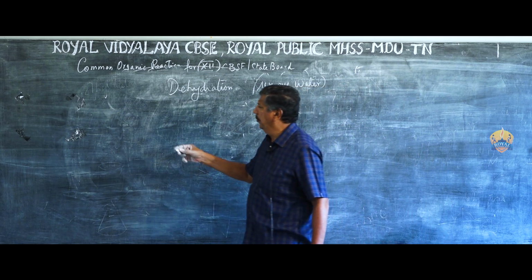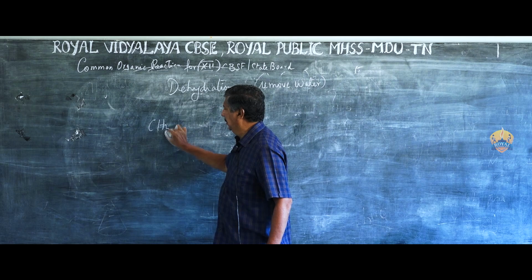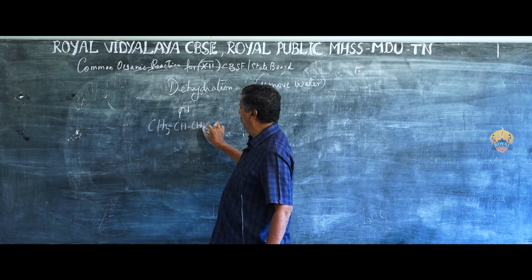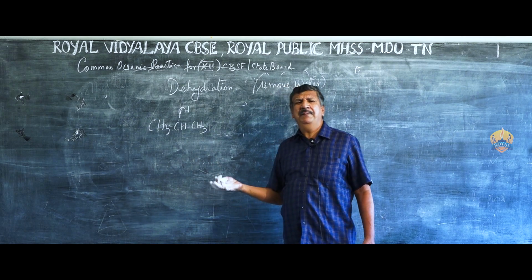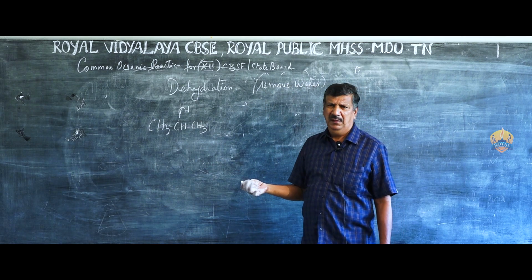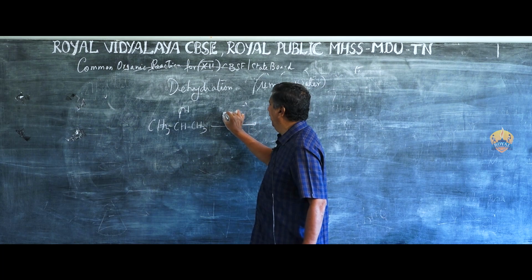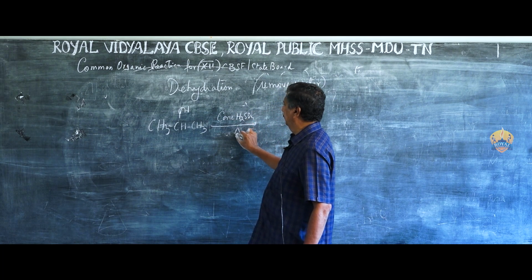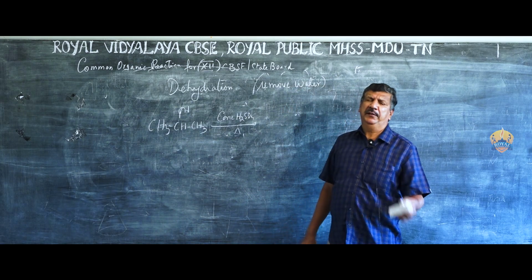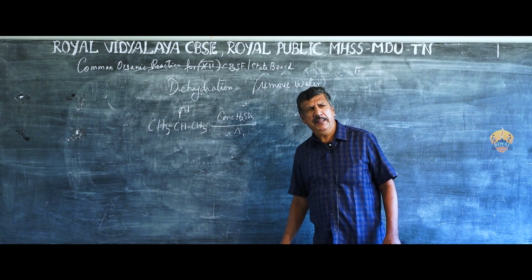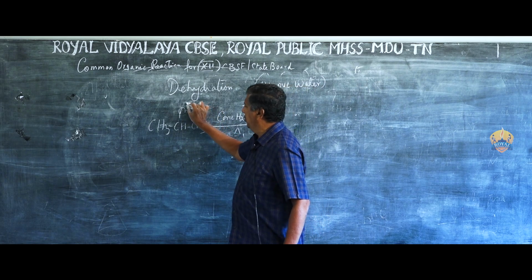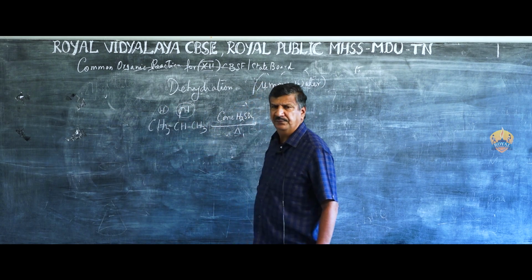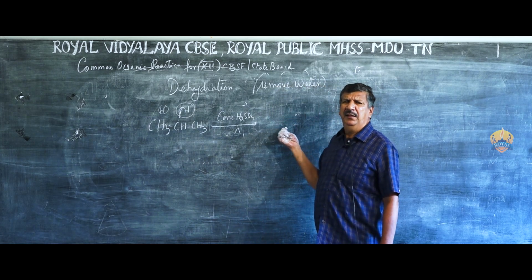So I am writing one compound as a sample, though they may give any other compound. When treated with concentrated sulfuric acid, we have to remove the water. How will you remove the water? Like this, this OH and this H. That's all. How will you write the product?